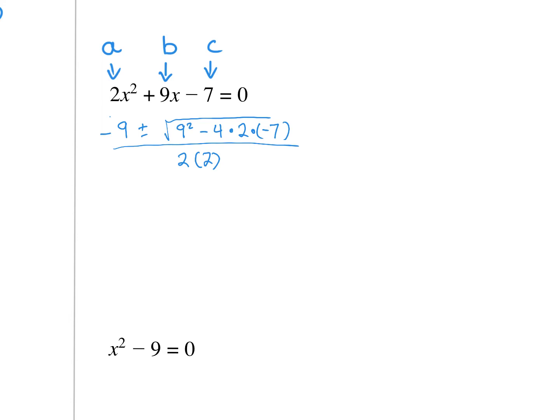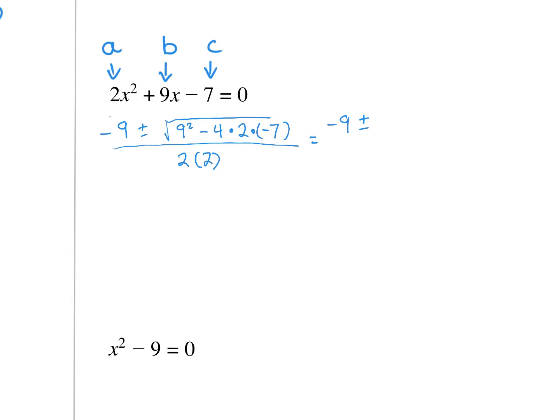Now I'm just going to simplify so I can put all this in a calculator, but it's easy to make mistakes, so I try to simplify first before I put it into the calculator. So this is -9 plus or minus. Remember, our quadratics always have 2 answers, so we want to find 2.